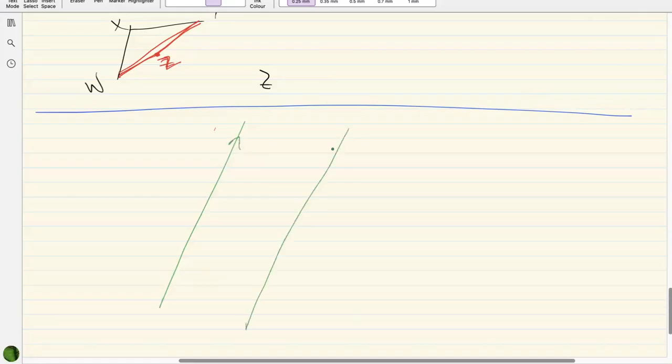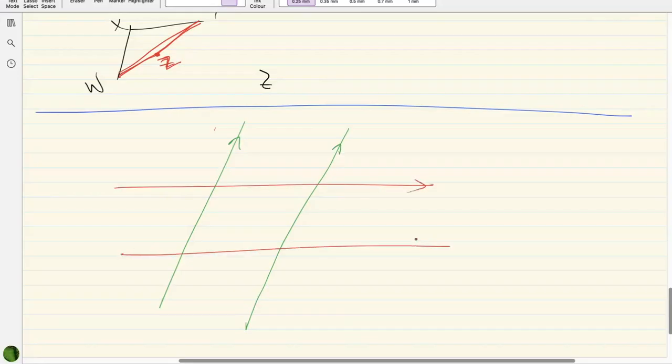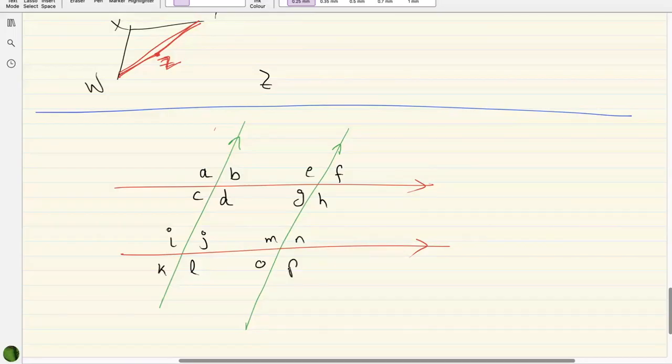And then we have these two lines as parallel. Now we'll be naming these angles with alphabets A, B, C, D, E, F, G, H, I, J, K, L, M, N, O, P. So I have 16 angles.